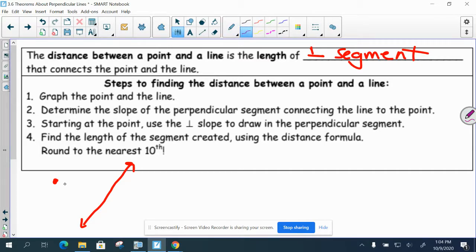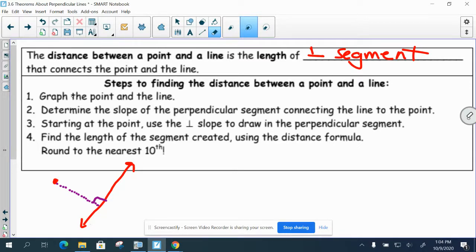In other words, from here to this line is a segment that is perpendicular to this line. Okay, as opposed to, say, that one, that line, that would not be perpendicular and it would not be the shortest distance. So when we talk about the distance between a point and a line, we're talking about the one that is the shortest distance, and that is the one that would have a perpendicular line segment from this point to this line.